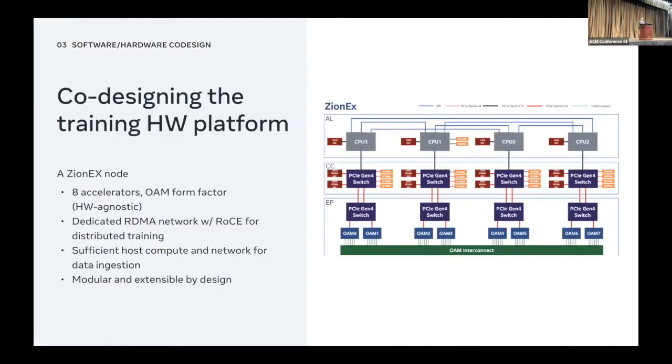Now, if you look at the hardware that we co-designed with the above software approaches to train the DLRM efficiently, we put forth the design of a Zion EX trainer node. Each Zion EX node is an 8 accelerator system. The accelerators are in the OAM form factor, so they don't have to be GPUs. And like we mentioned before, DLRMs don't have high compute intensity.